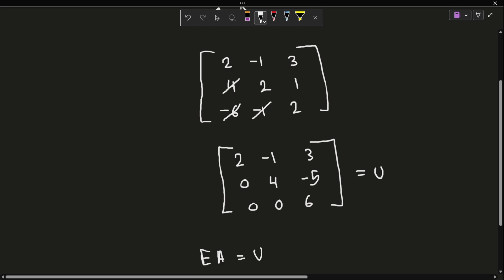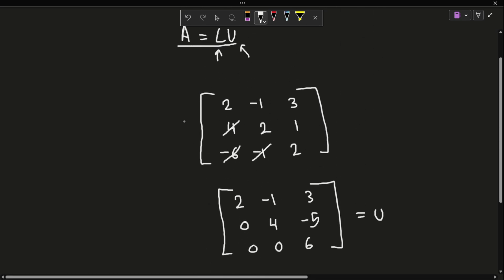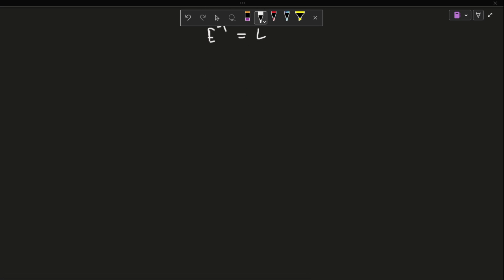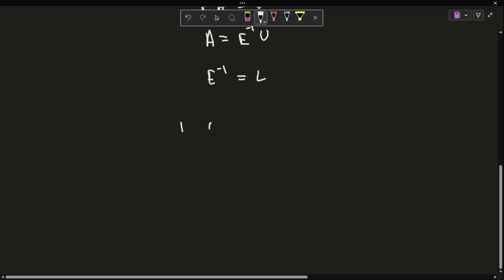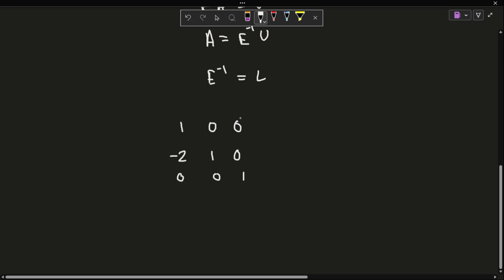And so let's actually find L for this example here. So this is U, right? It's our upper triangular. And just to make sure it's abundantly clear, this is A. And so what were our operations? Well, this first one was to get rid of the 4 that was on the second row.